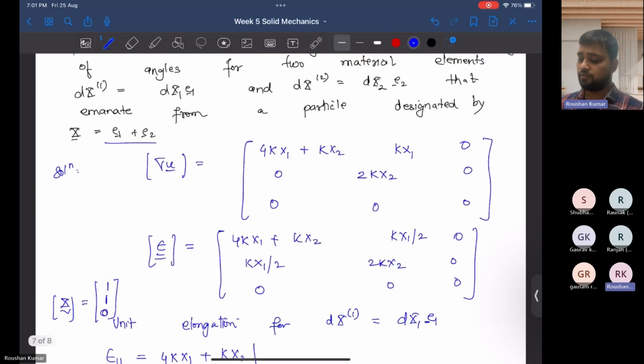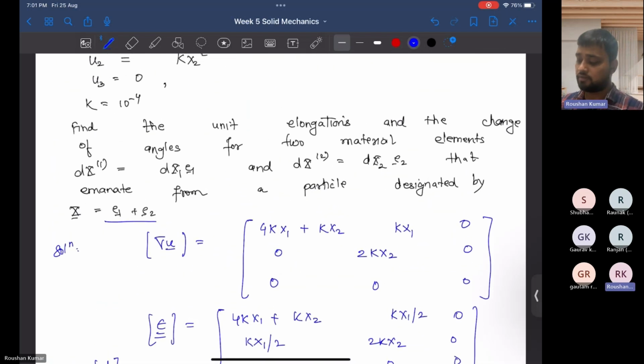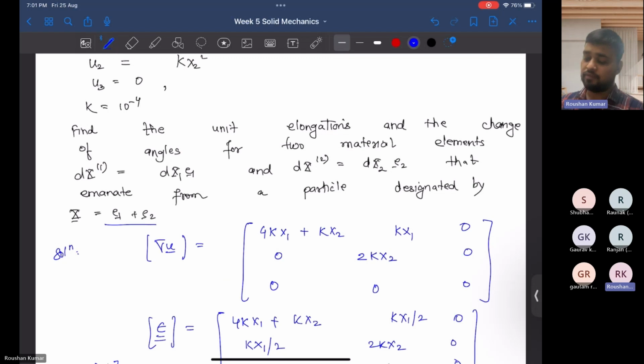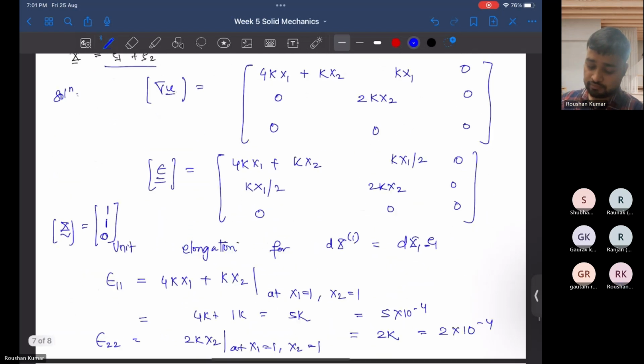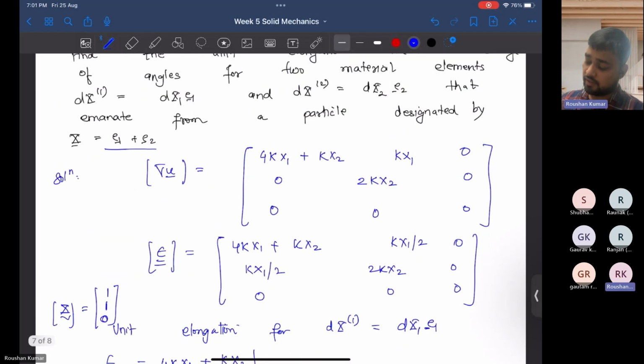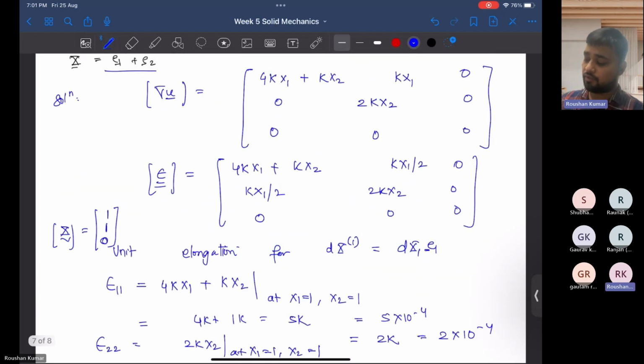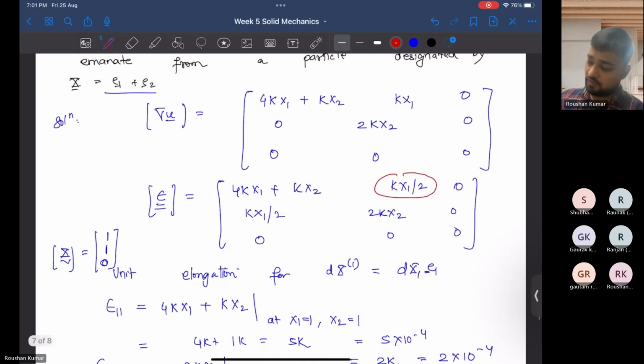Now we also have to find the change in angle between the two line elements, which we can find from the strain tensor, where the off-diagonal component is gamma by 2.